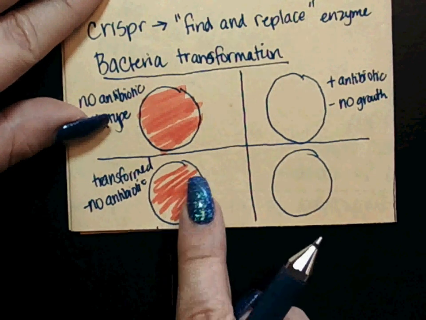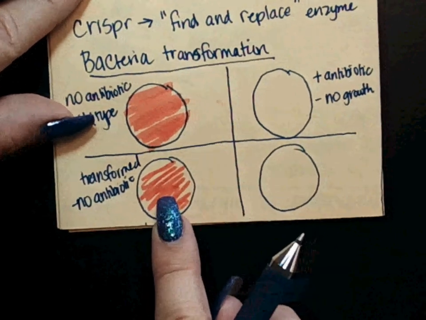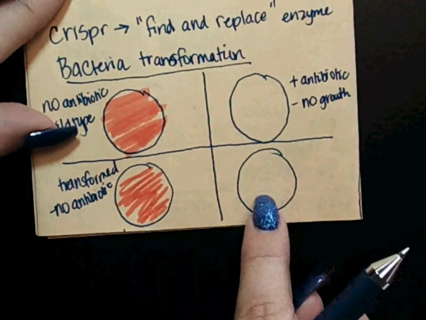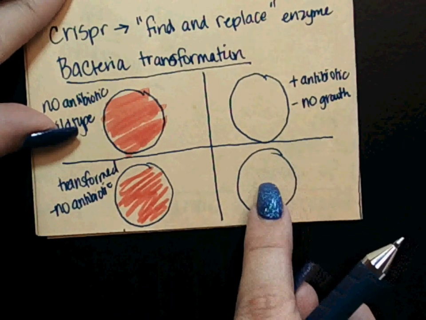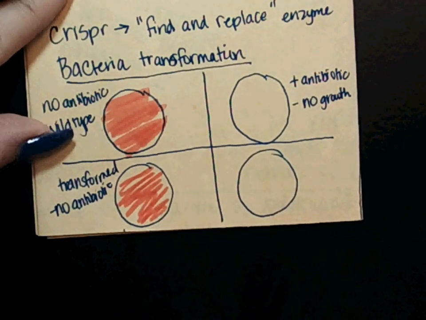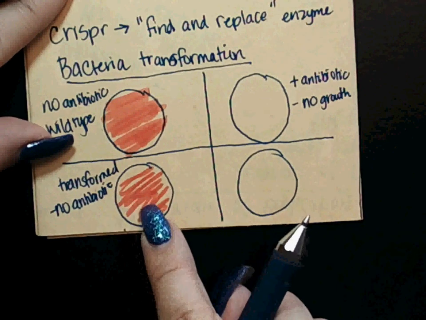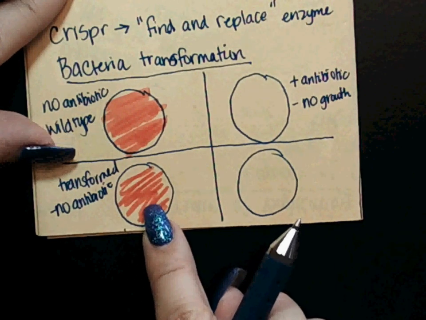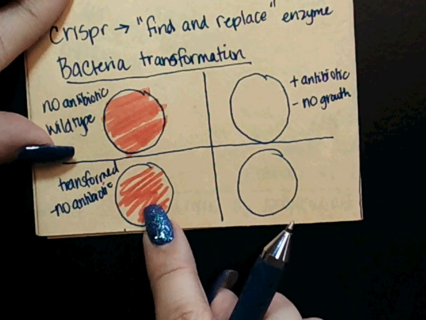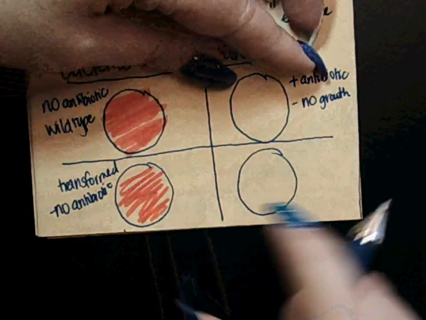Once you have confirmed that the bacteria survived the transformation process, the last step here is going to be testing to see if any of the bacteria actually transformed. If they actually took in the plasmid that was added, that should give them their new superpower, which is antibiotic resistance.